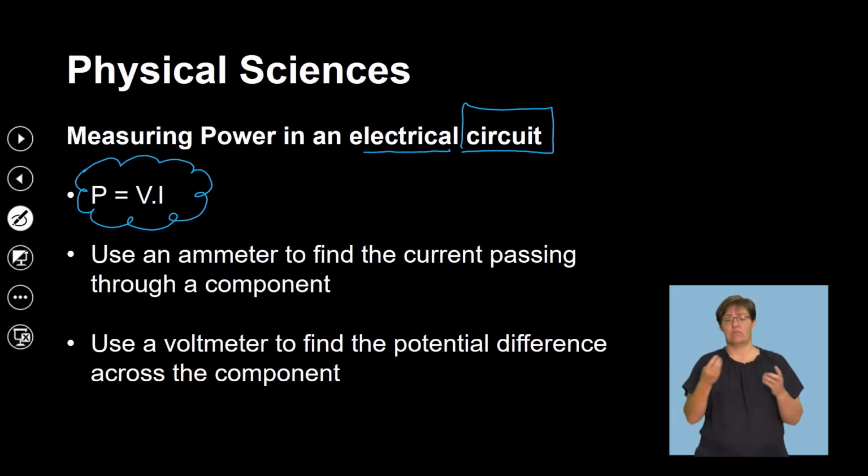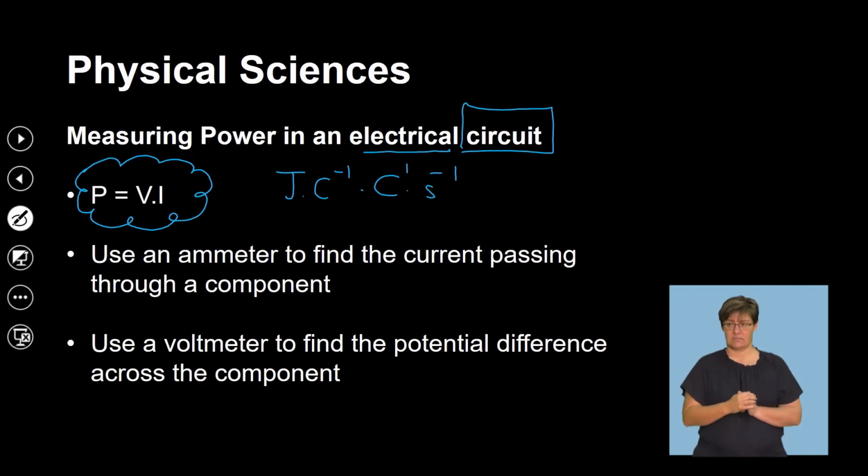The product of voltage and current gives you the power, because voltage is joule per coulomb, that is energy per coulomb of charge. Current is an ampere, which is coulomb per second. The coulombs take care of themselves, which gives us a joule per second, which is exactly what a watt is.